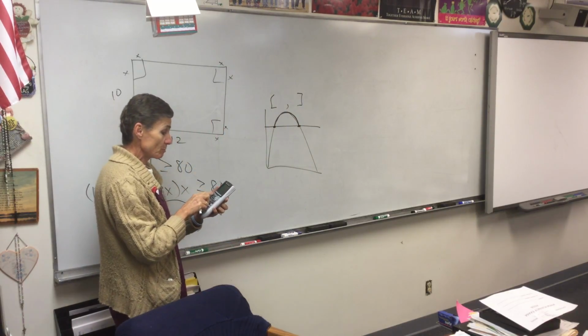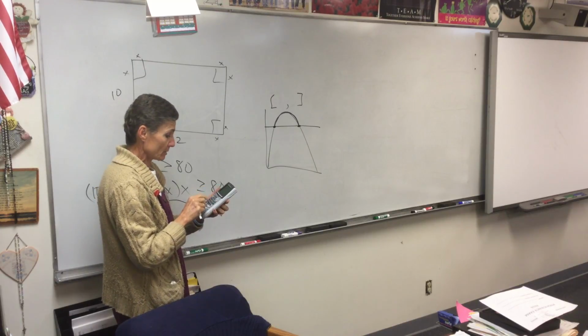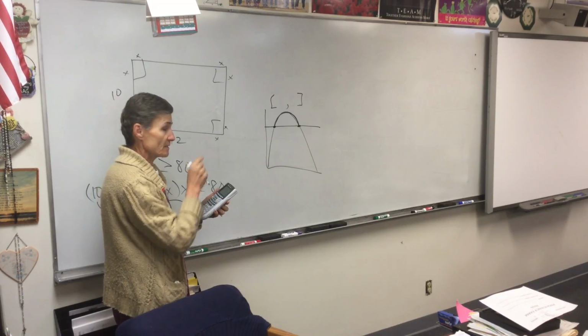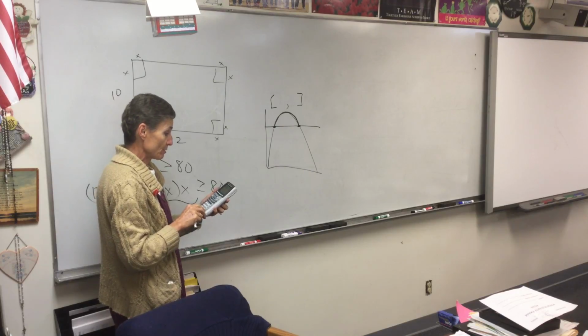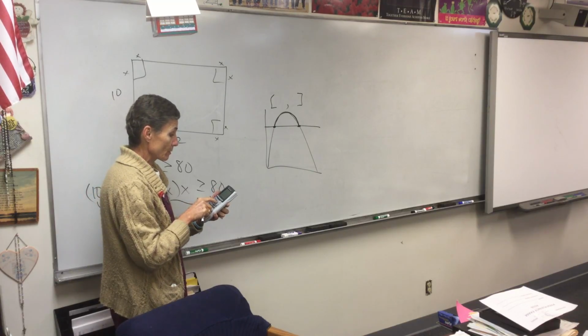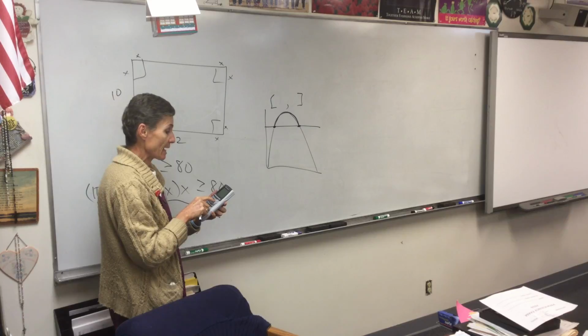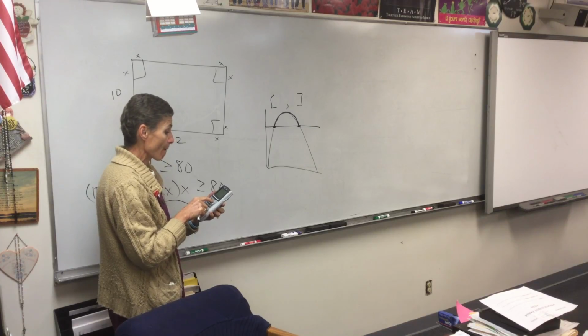So now I need to find those points. So second calc, what do I go down to if this is the way I've done the problem? Intersect. I left my window exactly the way we said it was going to be.